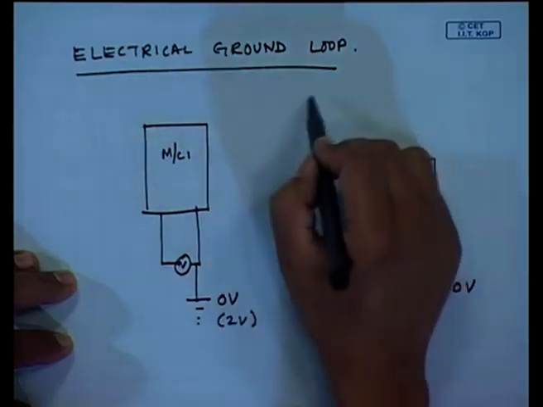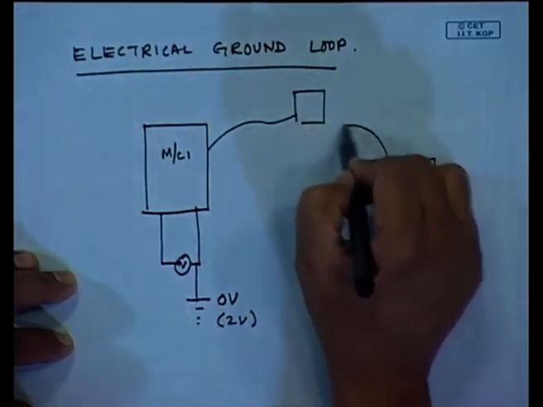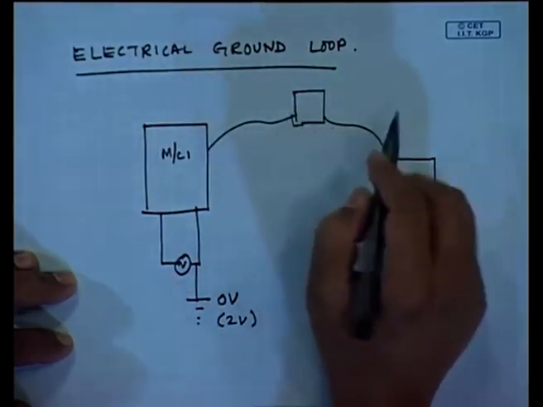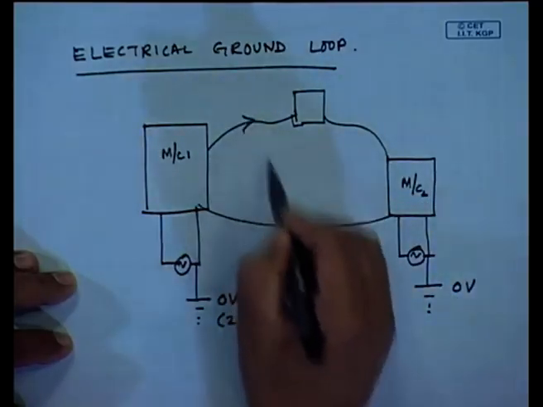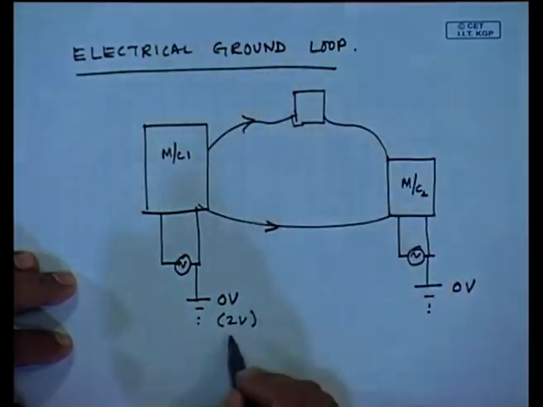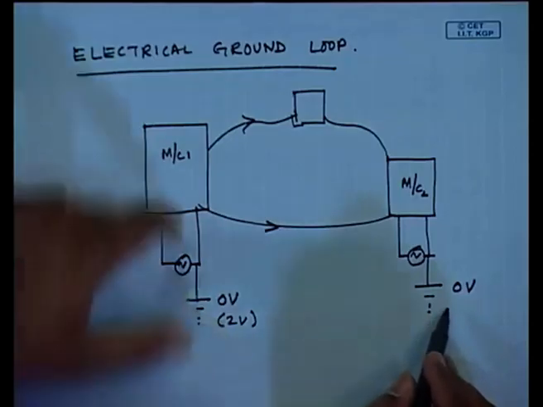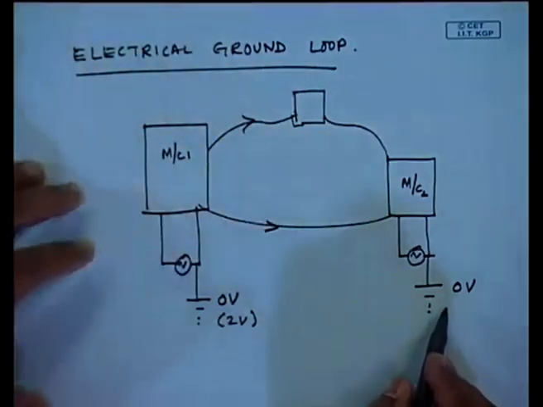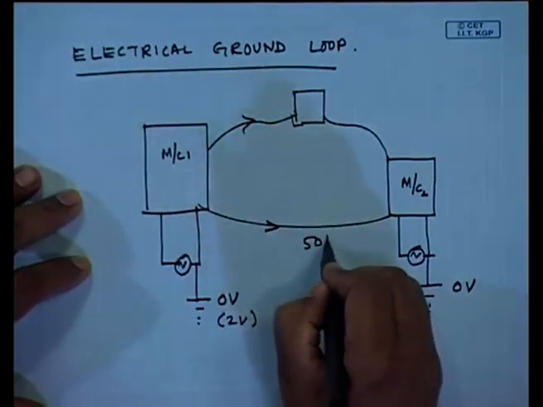So, if I do a lot of instrumentation and I connect each one by wires, okay, there will be a flow of current, because the potential difference of only 2 volts is good enough for a current to flow, and this current will flow at the supply frequency of 50 hertz.